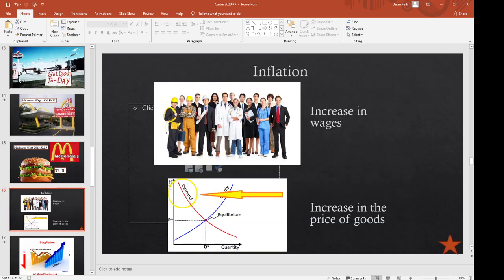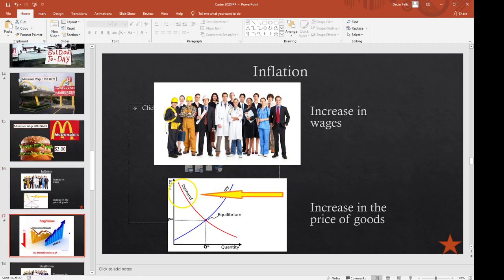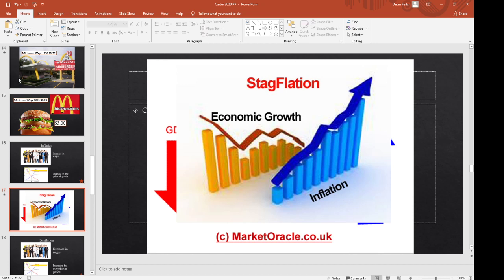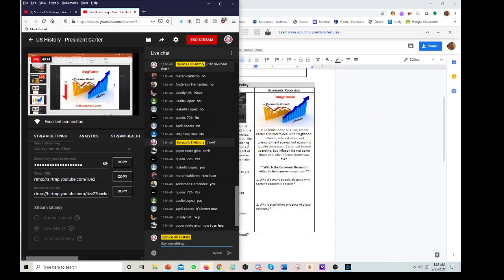So this is known as stagflation, right? Stagflation is basically when you see economic decrease, right? The economy shrinks and inflation goes up, right? So you see economic growth going down, the economy shrinking, and inflation is going up. Do you guys remember what inflation is? Can somebody remind me?